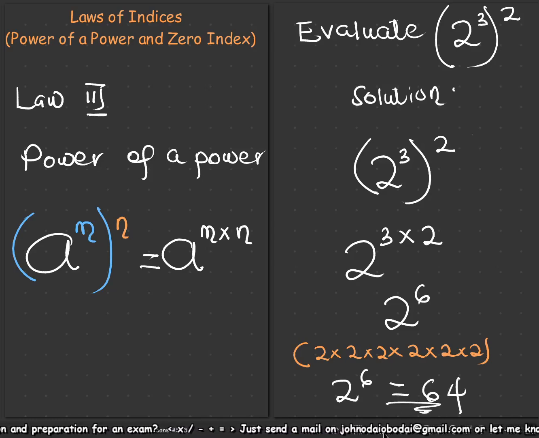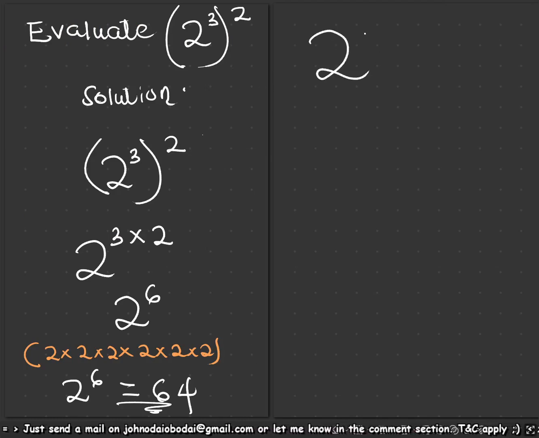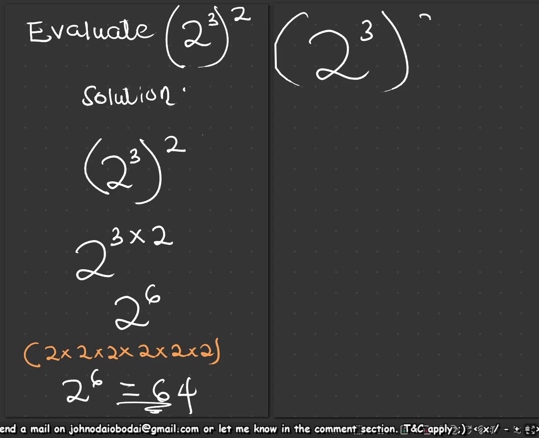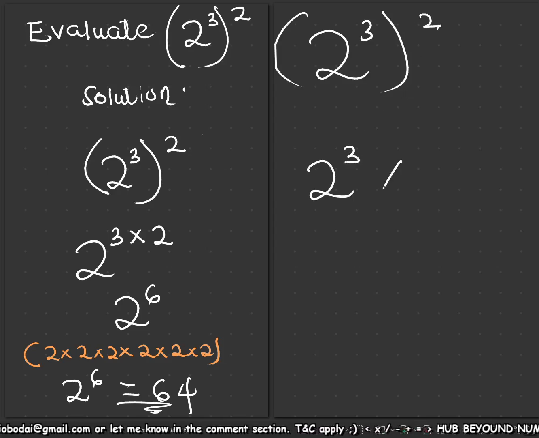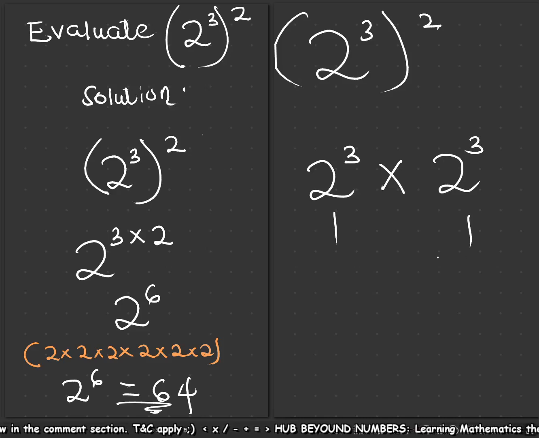Get it? So this is how we actually use the power rule. But earlier on, I was saying that this 2 raised to the power 3 all squared simply means you have 2 raised to the power 3 multiplying itself again. So how many times? Just 2 times. We have 1, 2.